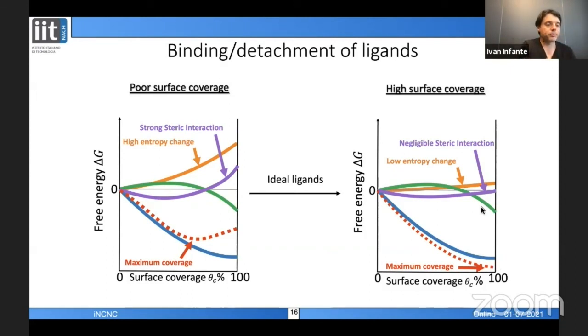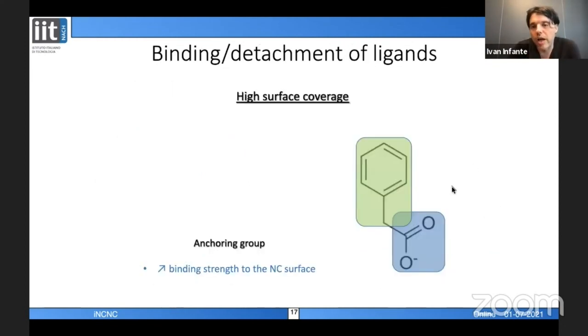And because I don't have much time, how can you do that? You can put a phenyl group right behind the anchoring group. This blocks some degrees of freedom of the ligand, so that you can improve the entropic term, as I said before.